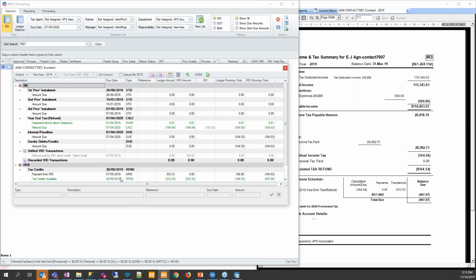Yes. The other case was when the refund was being transferred to the year-end account. So there was a debit or a credit transfer into income tax and out of tax credits. But the tax credit figure was still being brought through, so they were netting each other out, resulting in no value coming through.